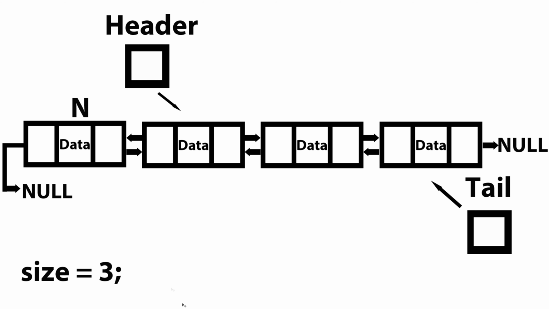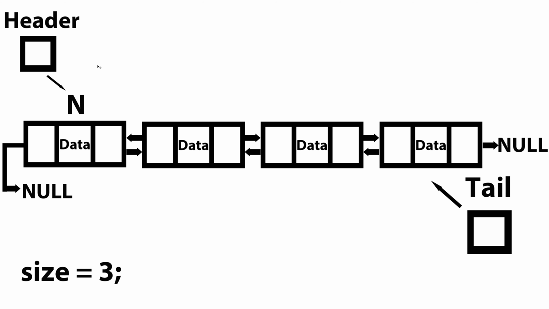Now that we completed the link between these two nodes, we still have a couple more steps. Header is always supposed to point to the first node, but this isn't the first node anymore. So now I can say header points to n. And the last step, since we inserted a node, is to increment the size.